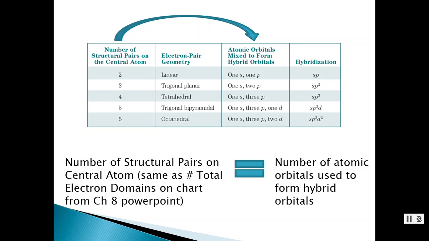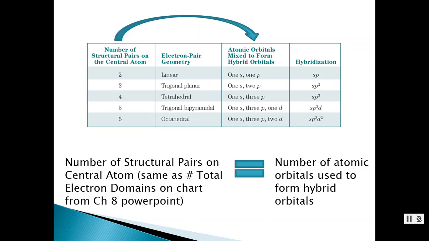So if I have something that is linear, it has 2 electron pairs, either bonded or unbonded on the central atom, then for hybridization, I'm going to have an s and a p, or an sp hybridization. So we can directly relate the number of structural pairs on the central atom to the number of atomic orbitals that are used to form the hybrid orbitals.